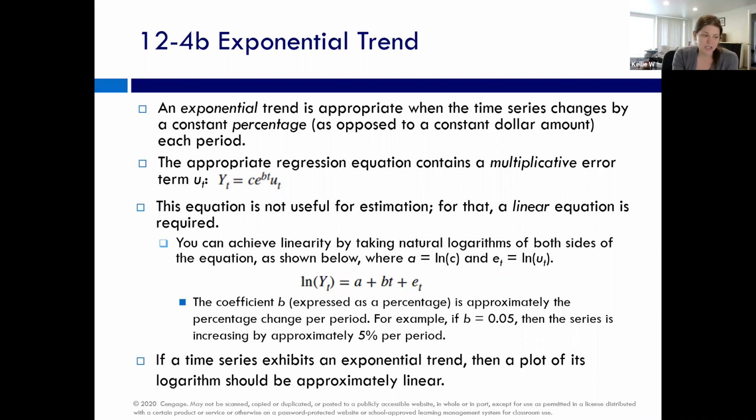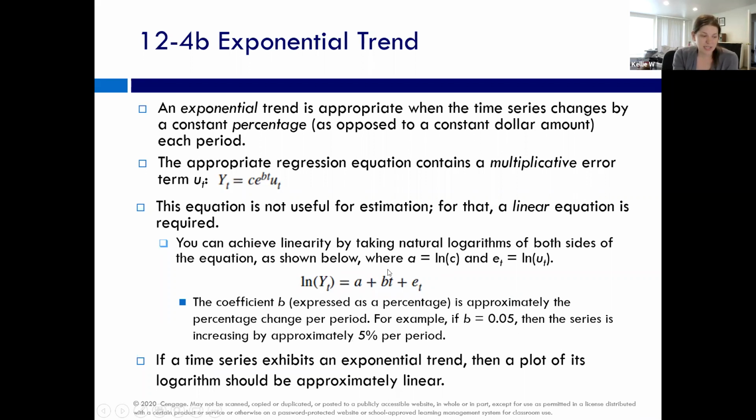So the equation is not that useful for estimating. We need the linear form for it, and we can do that by taking the natural log of both sides. So if we do that, we get that the natural log of y is equal to a plus bt plus the error term. So now we can do something with this.